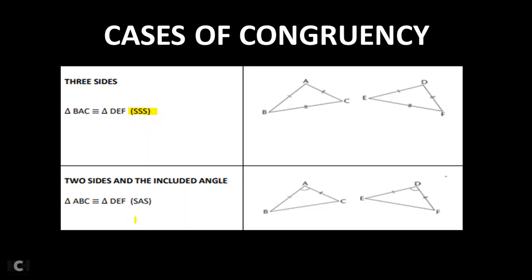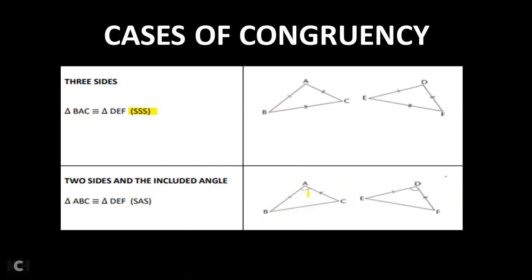So the second case, we have 2 sides and 1 included angle. It means 2 corresponding sides will be equal to each other, and also one corresponding angle will be equal. We have AB equal to ED, that's the first side. And what is the included angle?